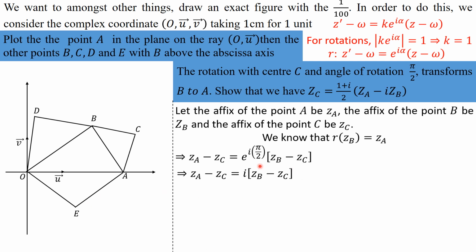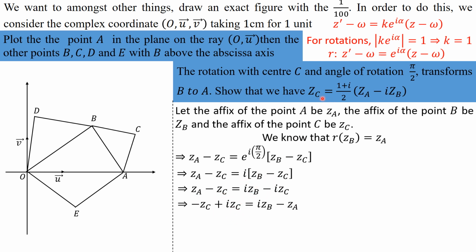Okay, so e raised to the power i pi ln 2 is simply i, because it is cos pi ln 2 plus i sin pi ln 2. Cos pi ln 2 is 0 and sin pi ln 2 is 1. So you just have the imaginary part, which is i. So ZA minus ZC is equal to i into ZB minus ZC. So we can multiply all through by i on the right hand side, and we are going to get this response.